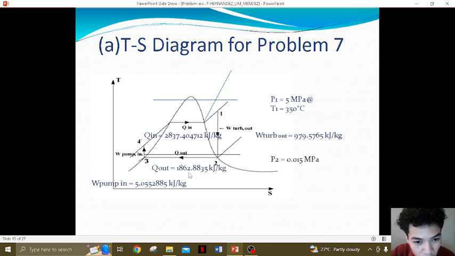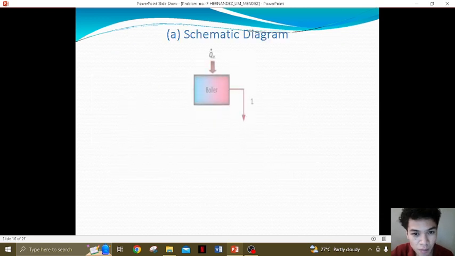Then the Q out also here of 1862.8835 kilojoule per kilogram. Then also you have your work pump in, which is 5.05528885 kilojoule per kilogram, and your pressure P2 of 0.015 megapascal.